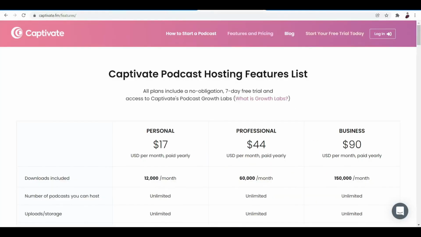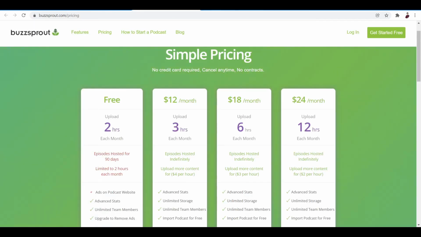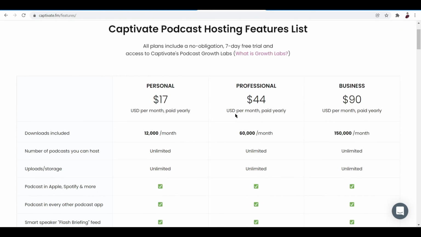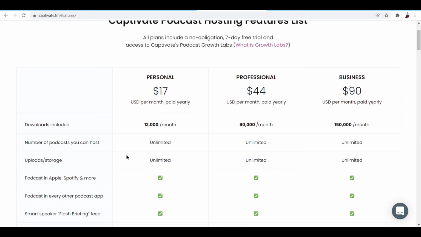Now let's take a look at the pricing of Captivate. Immediately you can see that it's a lot more expensive. They have three plans: personal, professional, and business. These plans include not only hours but also downloads.